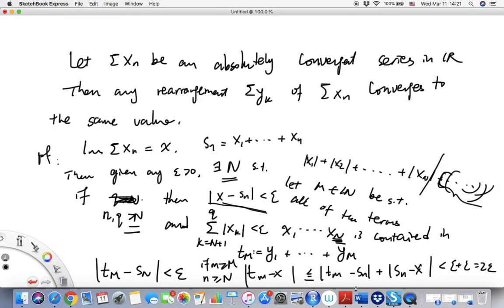This is the triangle inequality. This we just argued is less than epsilon, and this would also be less than epsilon because of this. So that shows the sequence of partial sums of those y's also converges to x. Okay, so that's that. We are done.